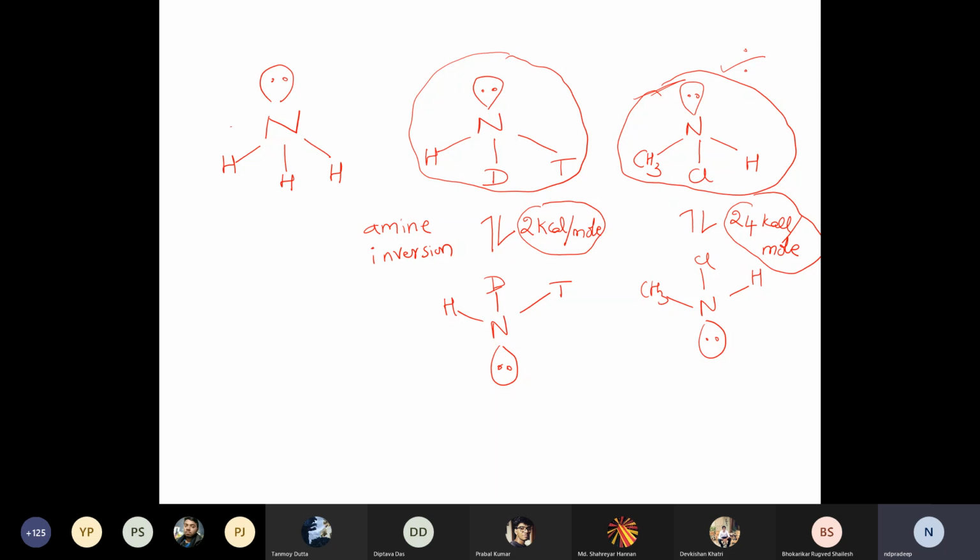The second condition is that the inversion energy should be greater than, so that I can flip on. Now I have given a fill in the blanks there. Greater than what? 15 kilocalories per mole. Yes, greater than 10 to 15 kilocalories per mole. Now that's how the definition comes in.